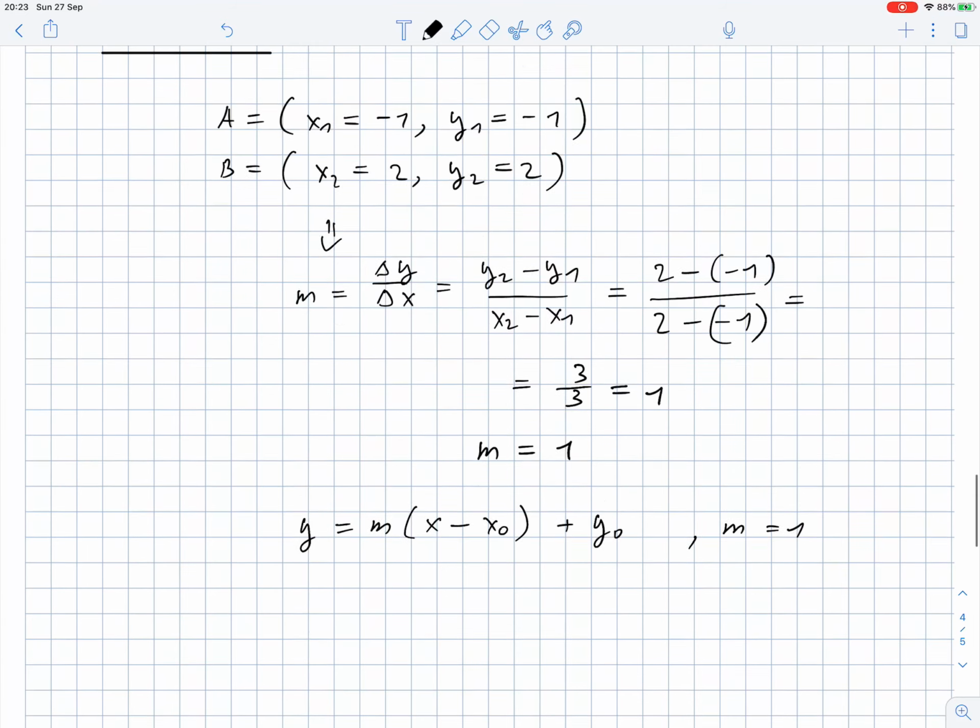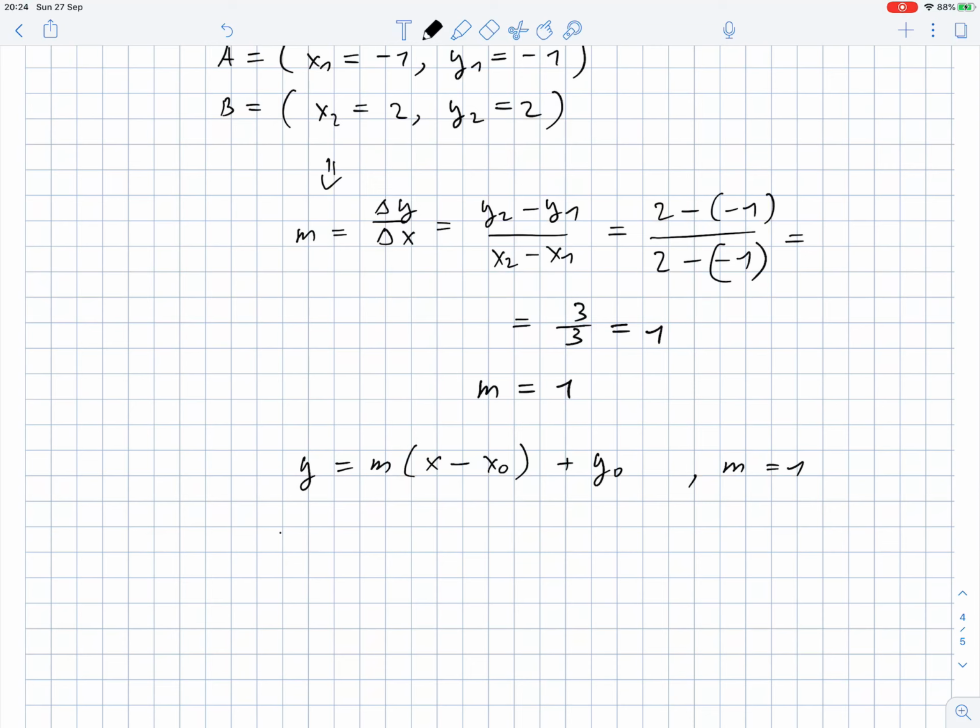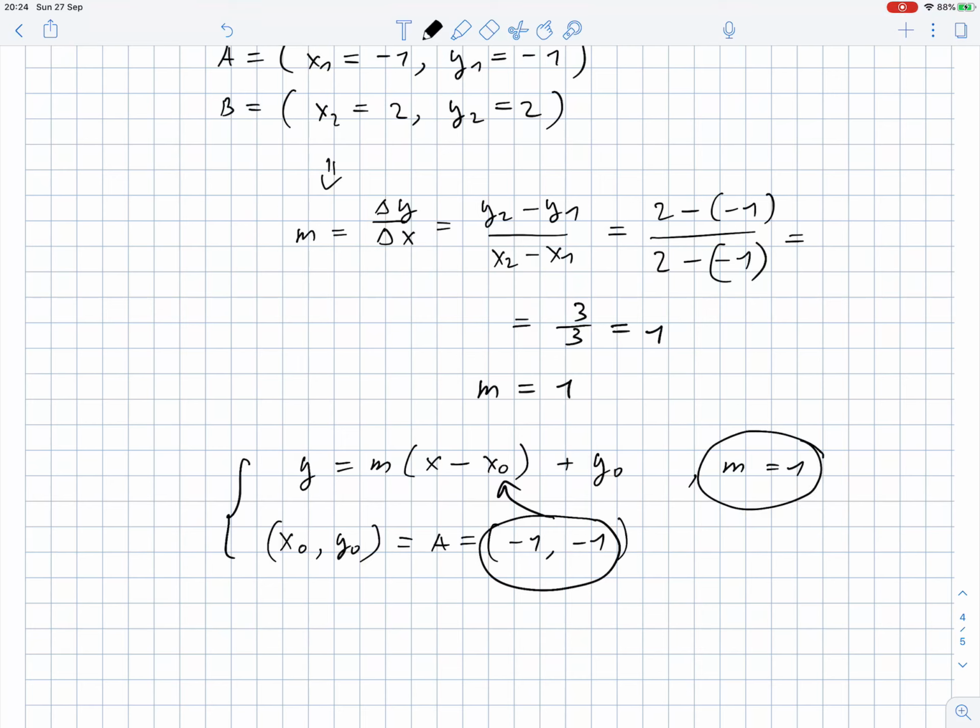Let's assume that our fixed point x0, y0 is a, which equals -1, -1. Let's insert this fixed point and this slope in our general equation for a linear function. Let's see what we will get.